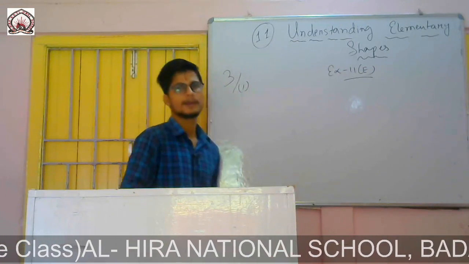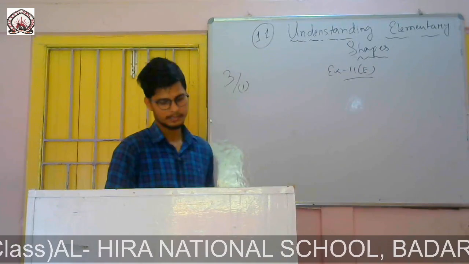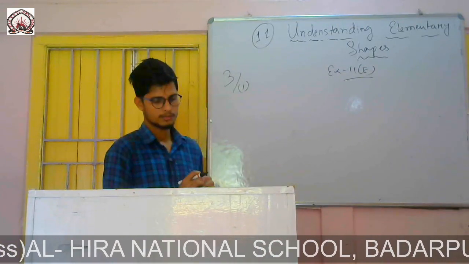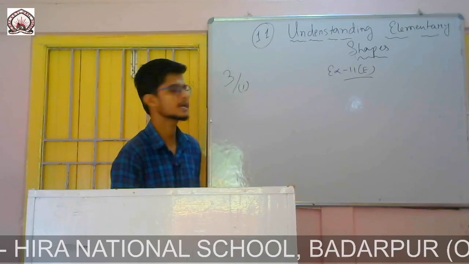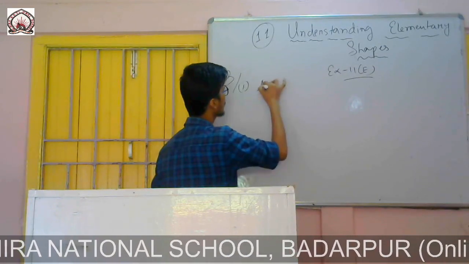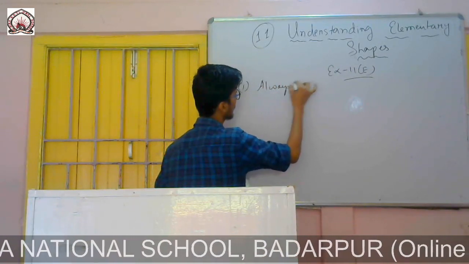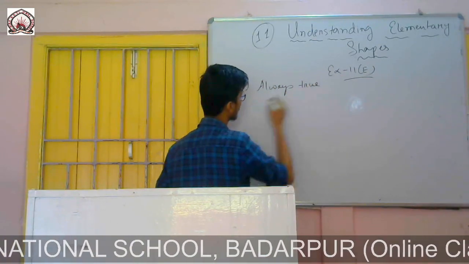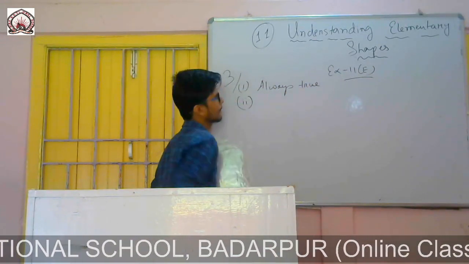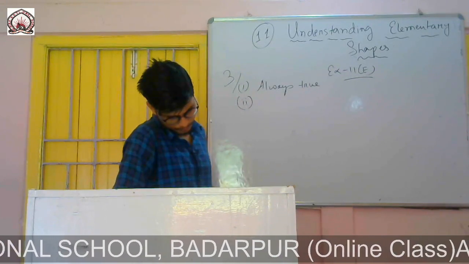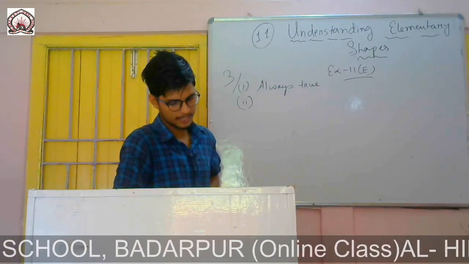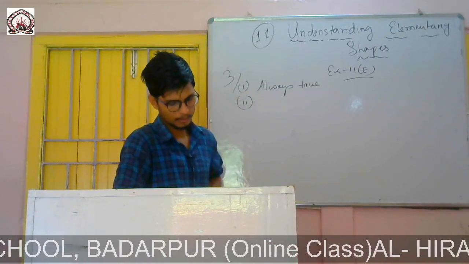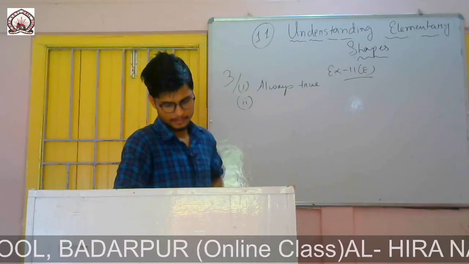Yes, a parallelogram has four sides and it is a closed figure, so we can say it is a quadrilateral. So it will be always true. Then Roman number 2, a parallelogram is a trapezium.